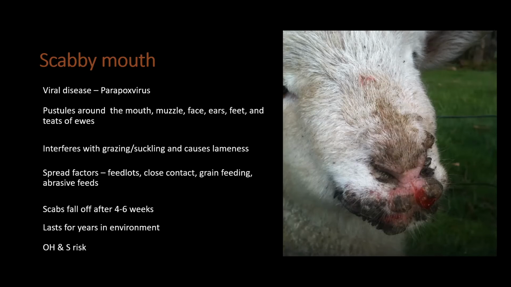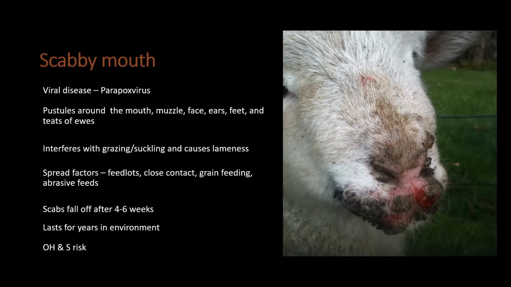The next point in a lamb's life we often see scabby mouth is during feedlotting, and this is because if one lamb has scabby mouth and scabs fall off in the feed trays, other lambs will invariably come into contact with that virus, and if they are susceptible, will pick up the infection.